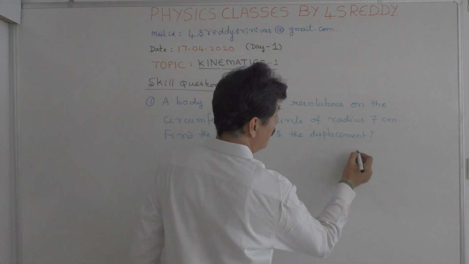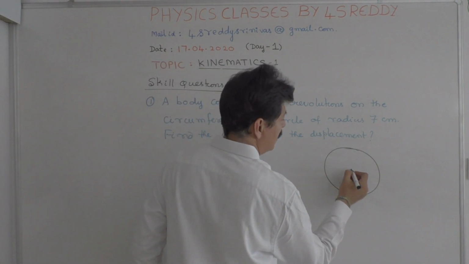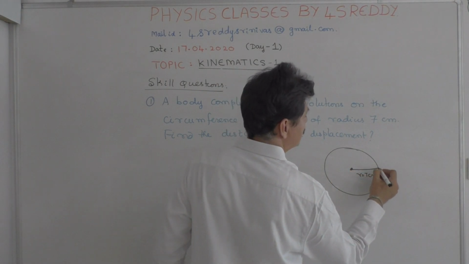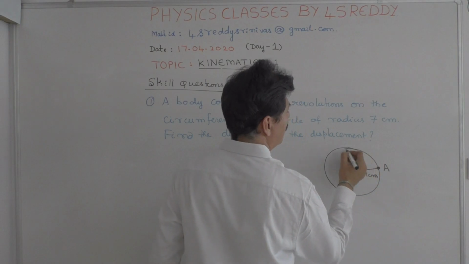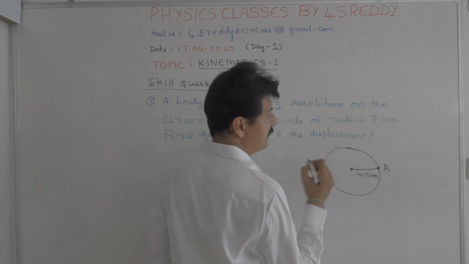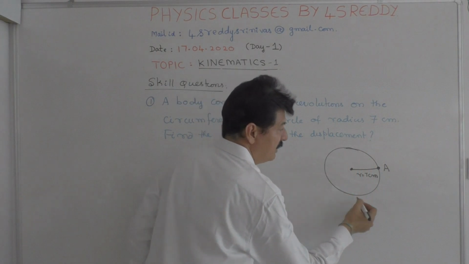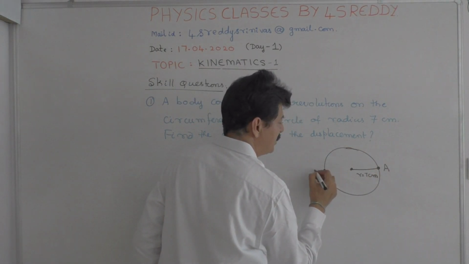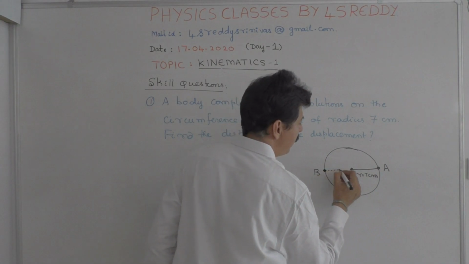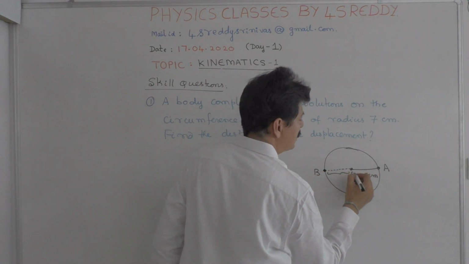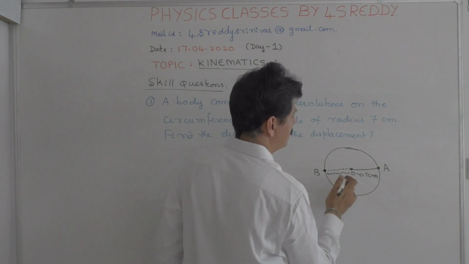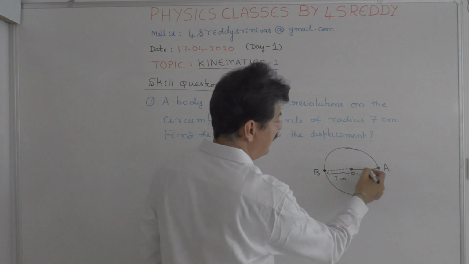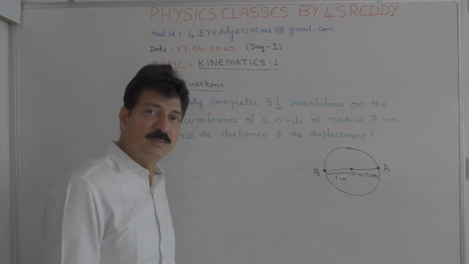First, this is a circle of radius 7 centimeters. Suppose it started at point A. After one complete revolution, it reaches point A. After 2 revolutions, again, and after 3 revolutions, it is at A. But for half a revolution, it exactly reaches the opposite point, like this. The line joining the initial point and the final point gives the displacement.